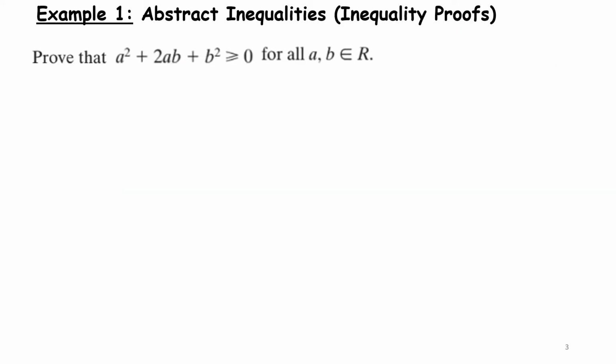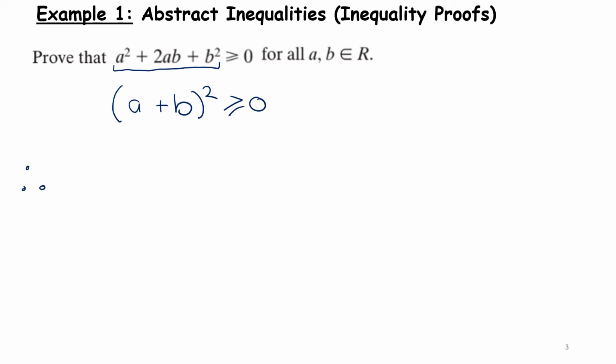So example 1, prove that a squared plus 2ab plus b squared is greater than or equal to 0 where a and b are elements of the real numbers. So this is quite straightforward because this left hand side here can be written as a bracket squared straight away. So this is (a + b) squared is greater than or equal to 0.